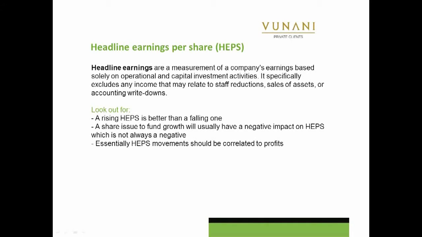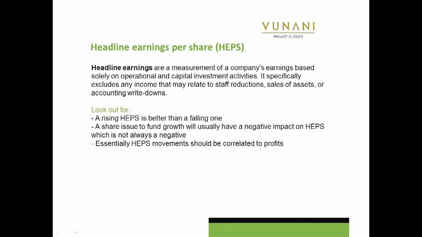What other things affect the headline earnings number? If a company issues shares in order to fund a new investment, then the headline earnings number would be lower because they've now got more shares. They've now got more investors trying to get a slice of this pie than they had before.